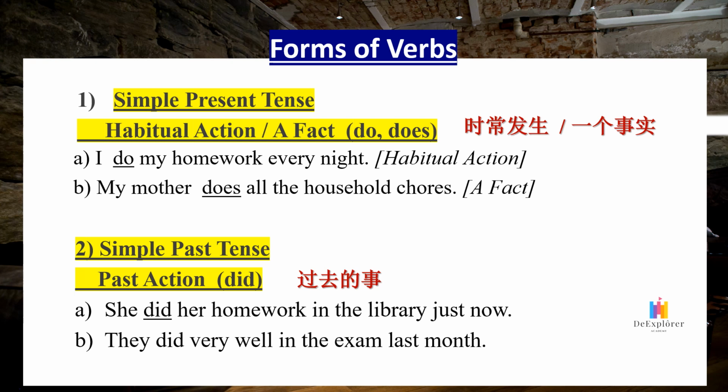Exam is 考试. Did very well 就是考得很好的意思. So they did very well in the exam last month. So the answer is did. You cannot use do or you can't use does. Okay, so you can copy these 2 sentences into your exercise book, A and B. Please do not leave lines.